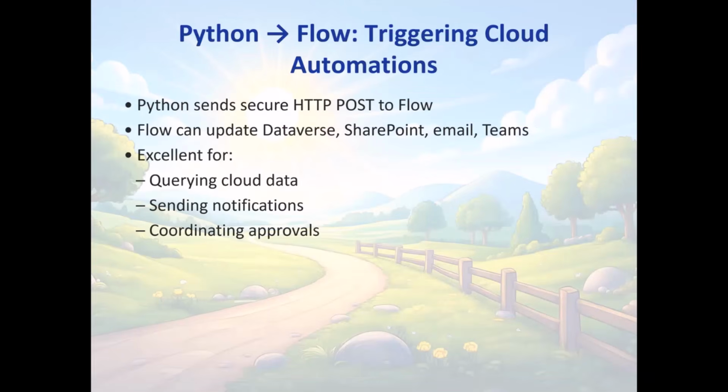Some other examples, and I've used it for this, is you can get a lot more information out of Dataverse. I mean, that was kind of just a silly example, but you can have it get all kinds of data with Dataverse, and then imagine your flow does something with that data and needs to do some more manipulation with Python.